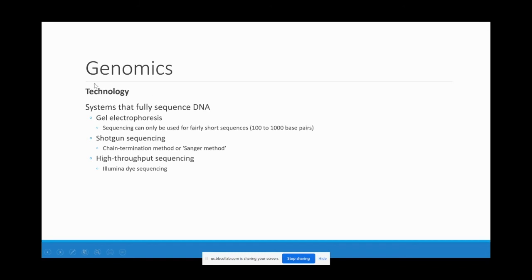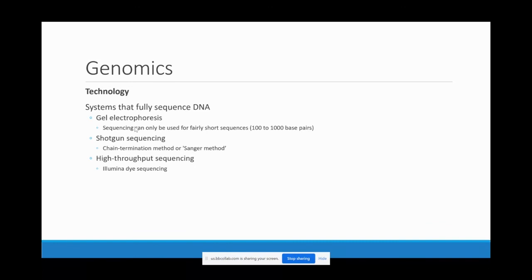So one thing that can be done for sequencing, if you guys remember, was gel electrophoresis. Remember, we looked at those gels and you could tell the sequence of a short set of DNA, right? You could say like it's A, T, C. You guys even had a homework problem where you had a gel and you had to figure out the sequence of a strand of DNA.